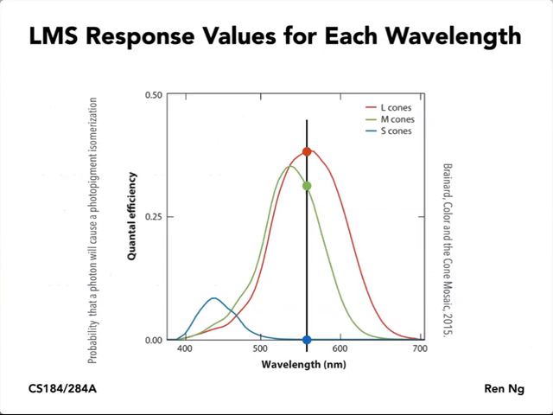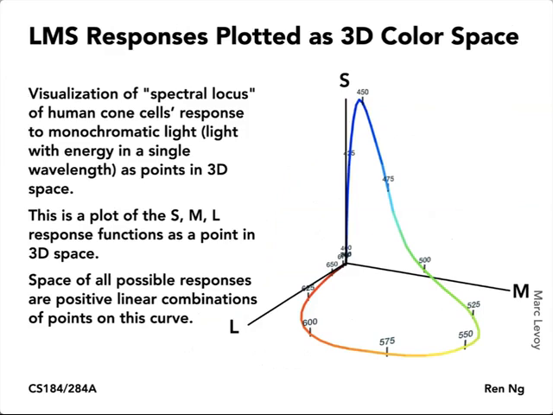Those photopigment response functions are in the three cone cells in our retinas, and they come from three photopigments that are coded, as I mentioned last lecture, by three genes that are in our DNA. So the shape of this curve is encoded literally in our DNA as human beings. We sometimes call this curve the spectral locus. It's just a name given to it.